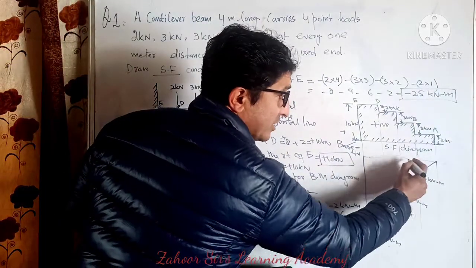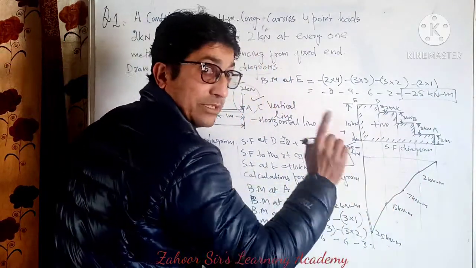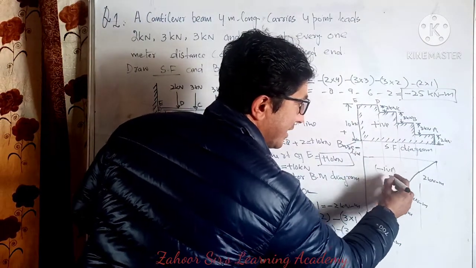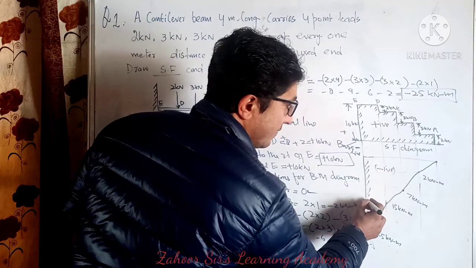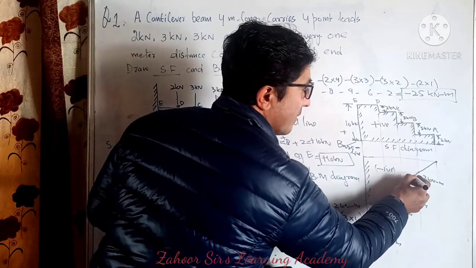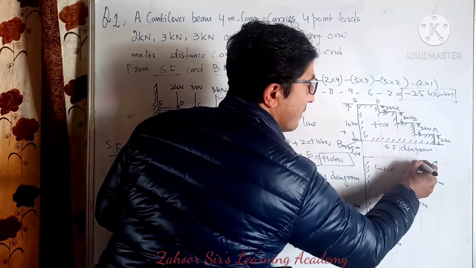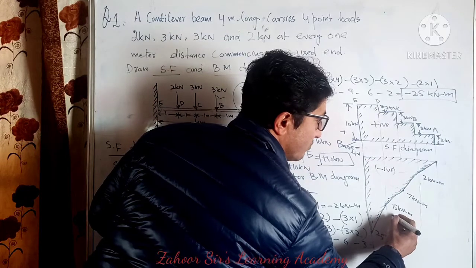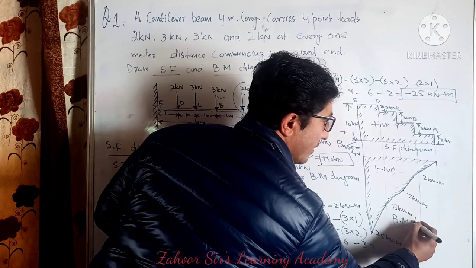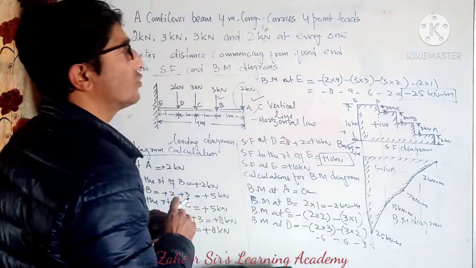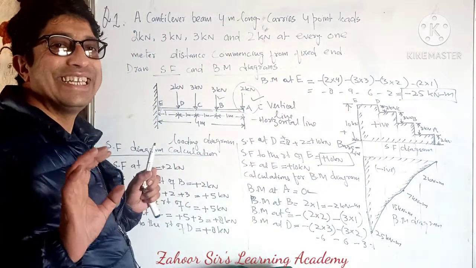Because this BM diagram is minus, I will write in the middle, it's minus. Then we have to do the hatching. And it was the BM diagram. So this is what was needed in the question.